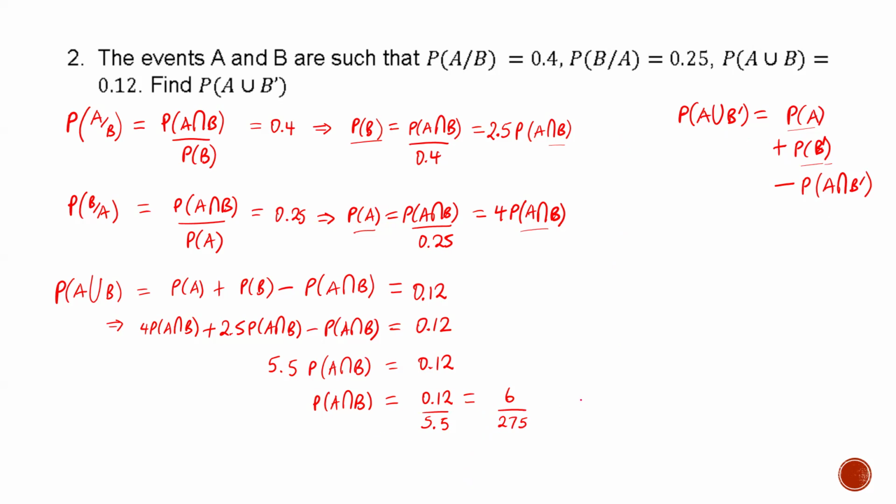So now, first of all, we can get from this the probability of A. The probability of A, we said, is 4 times the probability of intersection. So it's going to be 24 out of 275. We need B complement, but we can first find B. The probability of B is 2.5 times this, which is 15 over 275.